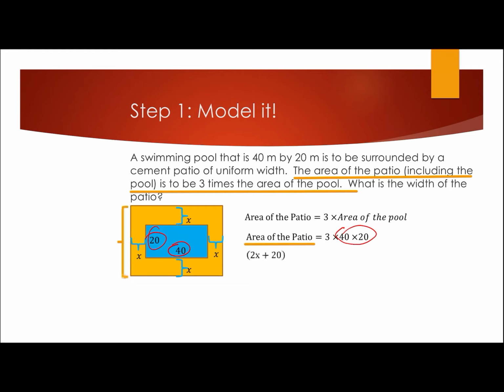Area including the patio, well, what's that? That's an x right here, an x right here, and 20. So 2x plus 20. What about this length? Let's clear the pen markings a little bit.